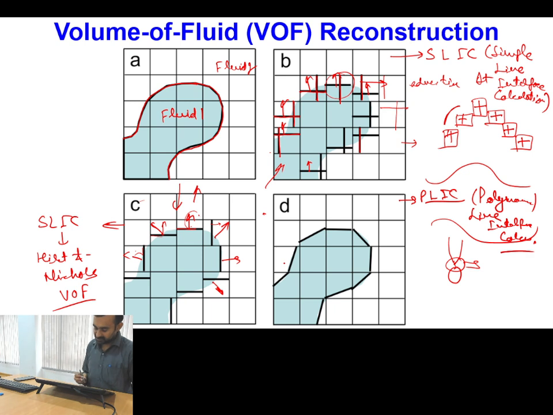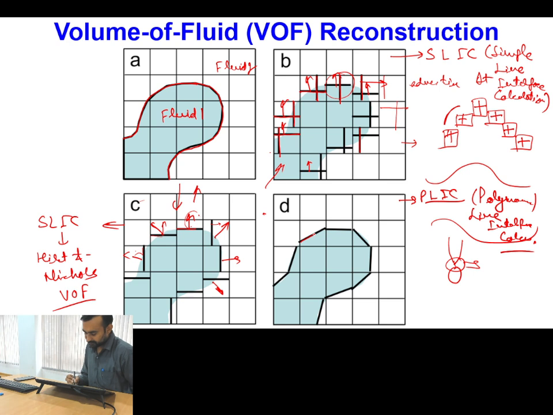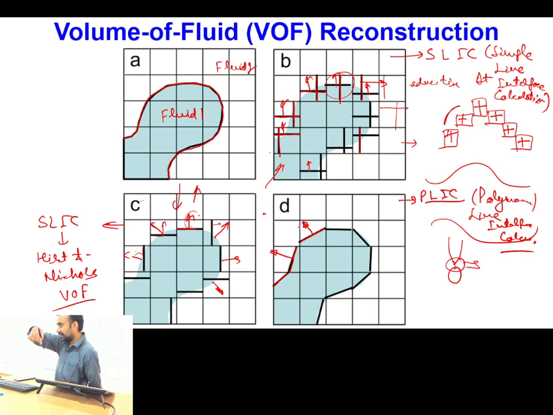In this case, you can see that instead of defining horizontal or vertical lines, inclined lines are defined. Here you can see all these lines are inclined, and these inclined lines are chosen in such a way that they perfectly follow the direction of the normal. Is this one clear?